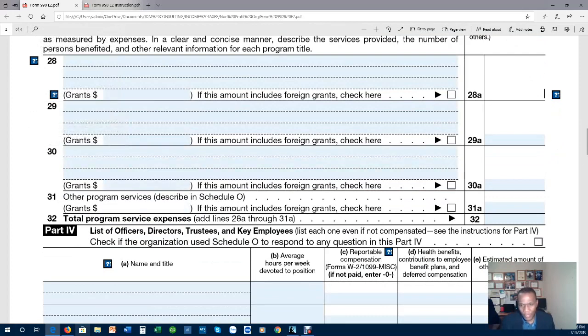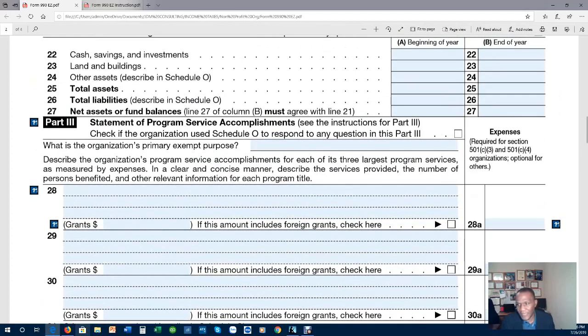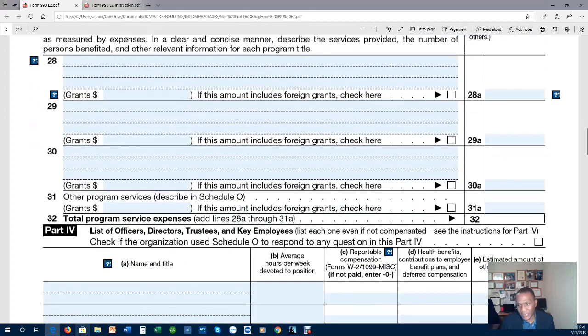And other program services described on Schedule O, total grants from those other services. If there is any amount from foreign grants, we'll check here, and the total amount for that. And then the total program service expenses will be here. Remember, these expenses are required for section 501(c)(3) and 501(c)(4) organizations. It is optional for other organizations, but for transparency, other organizations may choose to enter that information there.